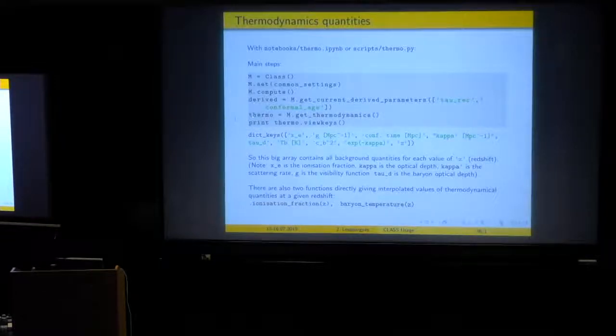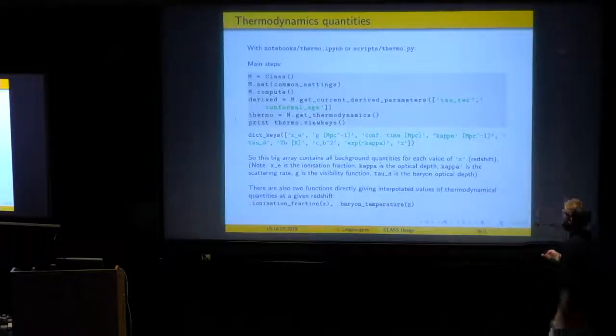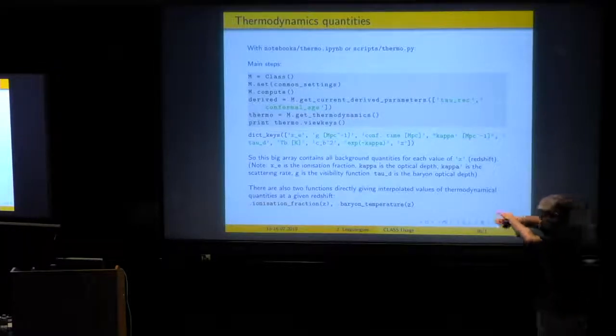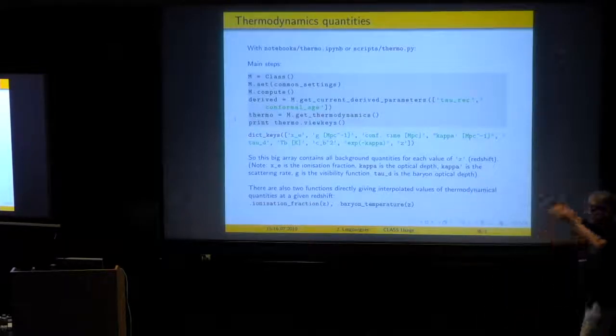Okay, so then I call the function get thermodynamics. It's like get background for the thermodynamical quantities. So after doing this, the variable thermo is a big array containing the evolution of all interesting thermodynamical quantities. And if I do a keys or a view keys, I see the names of the different columns.